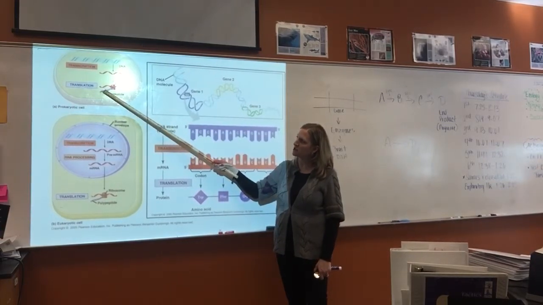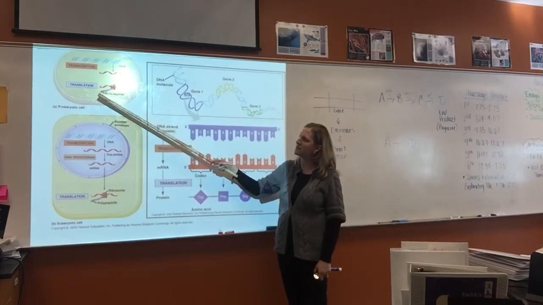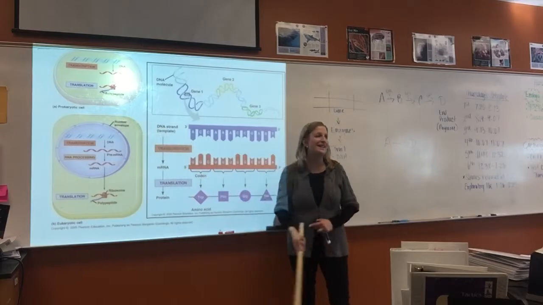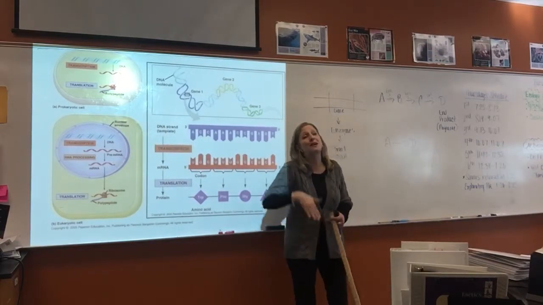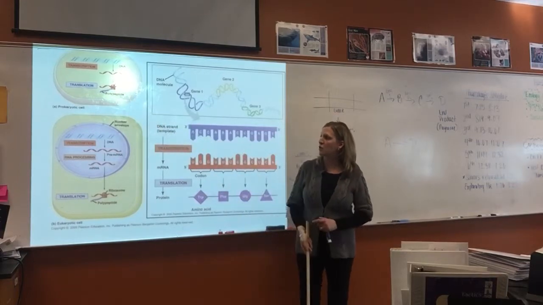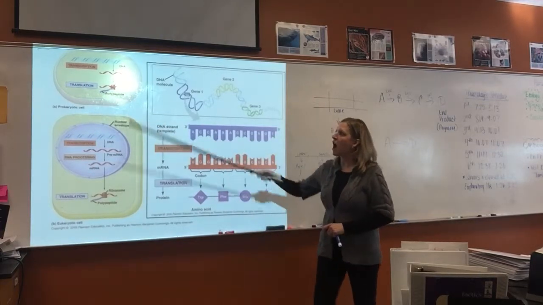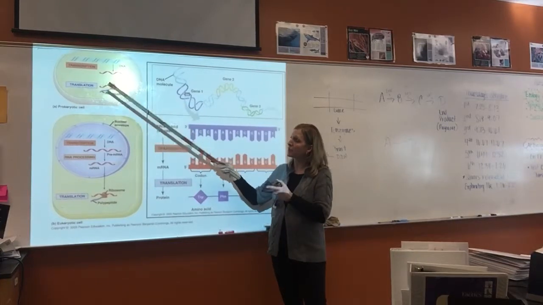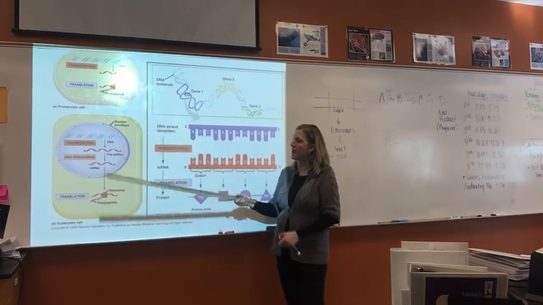So each one of these circles here is supposed to represent one amino acid, and it's making a polypeptide chain, and that's called translation. So at the ribosome, you're translating that message from the mRNA and building your polypeptide chain. All of that here is not in the nucleus because prokaryotic cells do not have a nucleus.